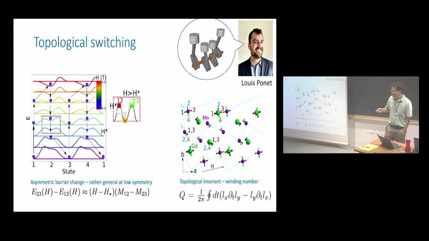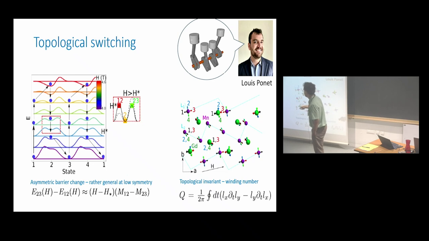So the idea is demonstrated here. Here I show the potential energy surface of this material. The material is gadolinium manganese 2 oxygen 5. It has these manganese chains that I showed here in blue. When a magnetic field between about 4 Tesla and 4.6 Tesla is applied to this material, the evolution of the potential energy surface as a function of field is shown here.